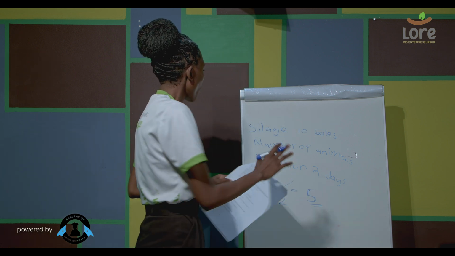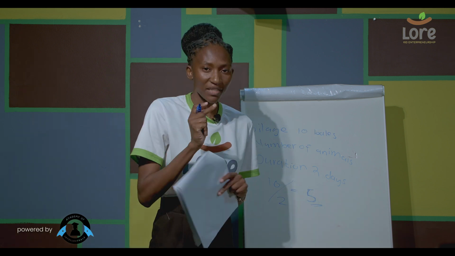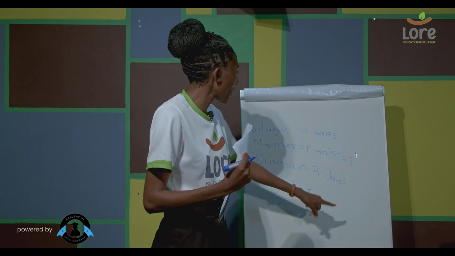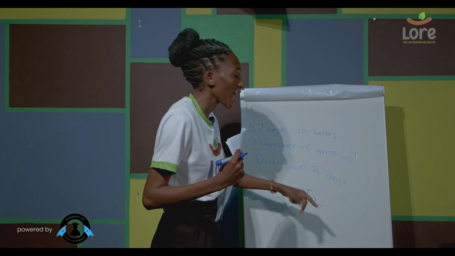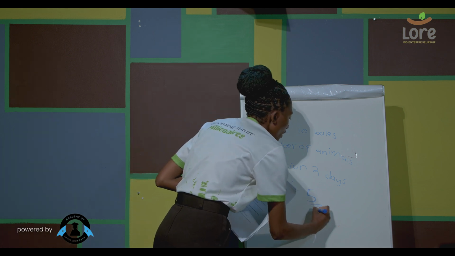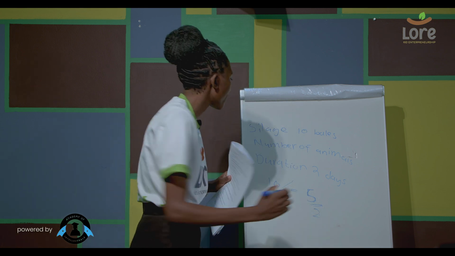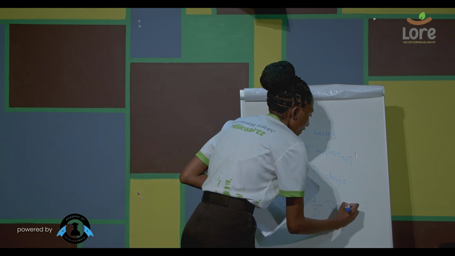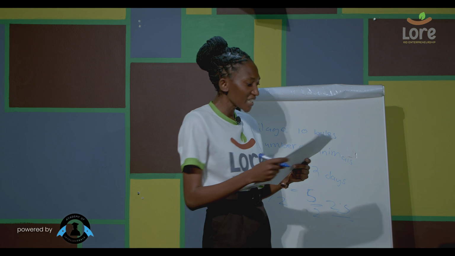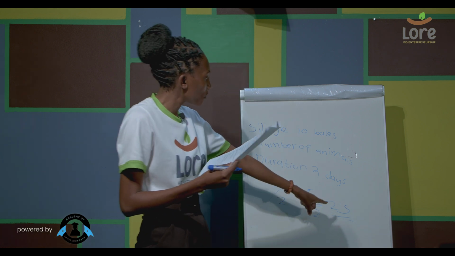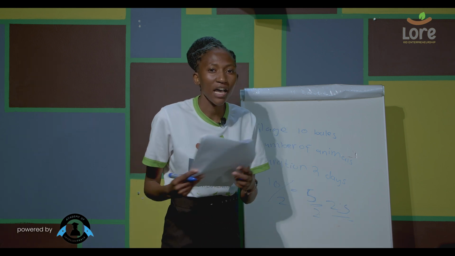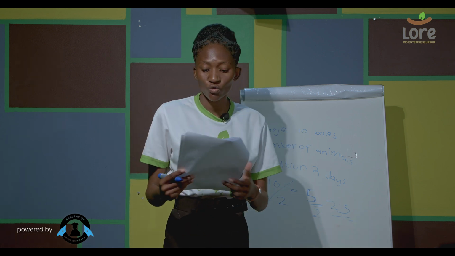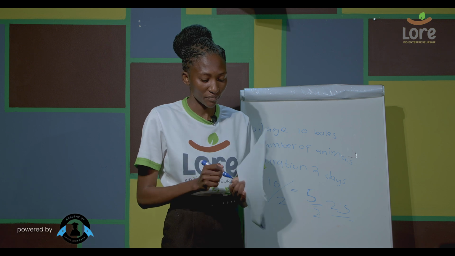And now we have 2 animals that were sharing our bales, so we have to divide that 5 by 2. 5 divided by 2 is 2.5. Meaning that 2.5 bales were eaten by one animal per day. That's how we get our 2 marks.